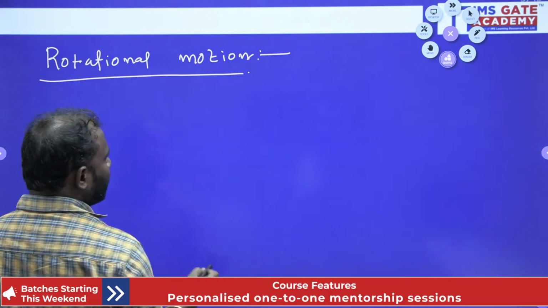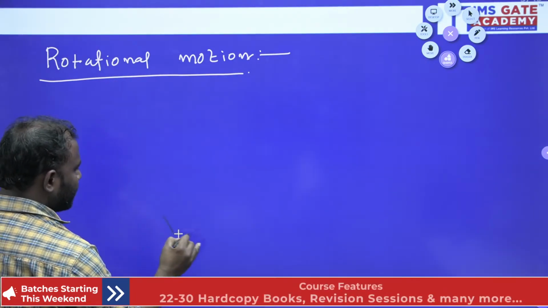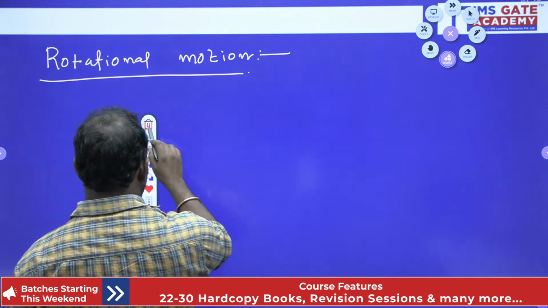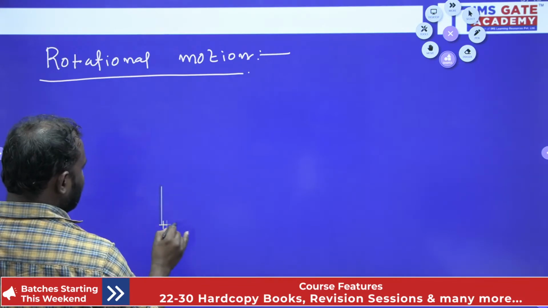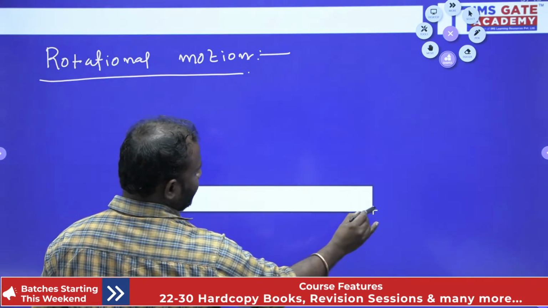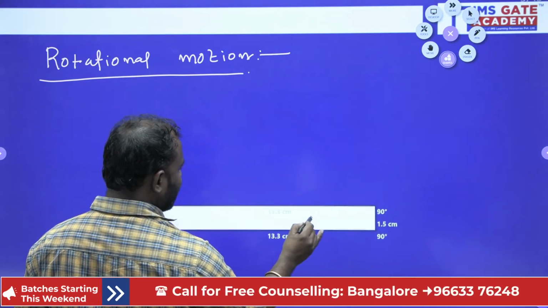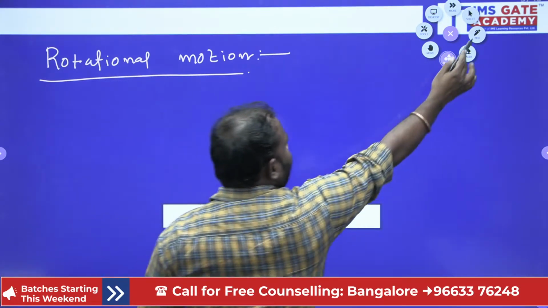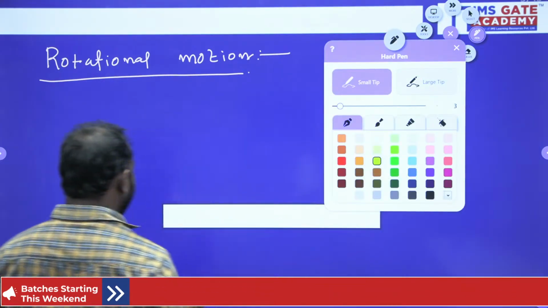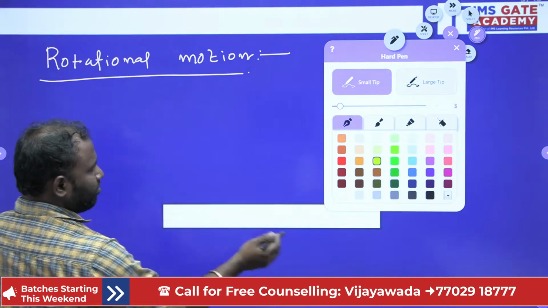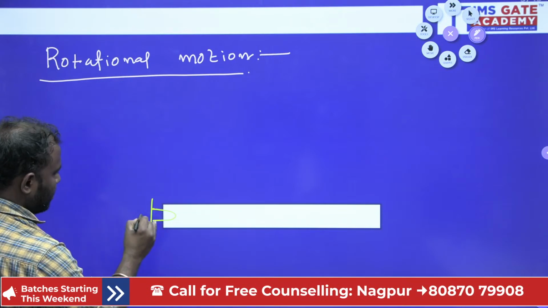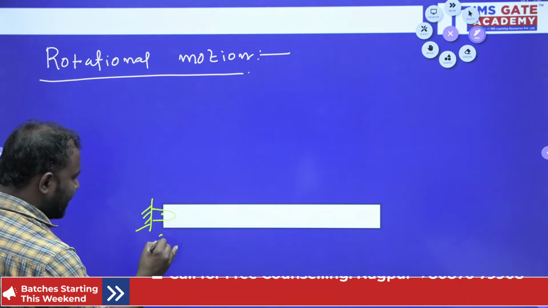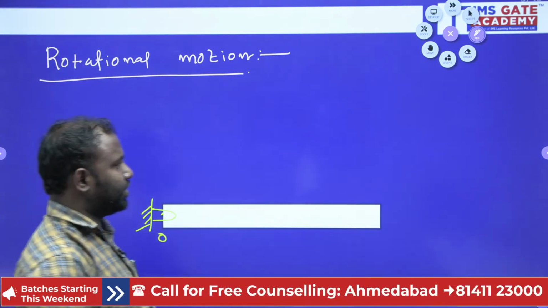Now I am taking a body. I am considering a body, right, which is hinged at this end, and we are taking this as O, right.